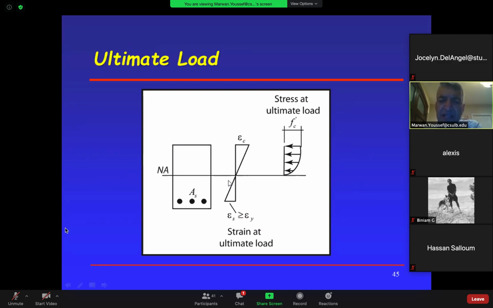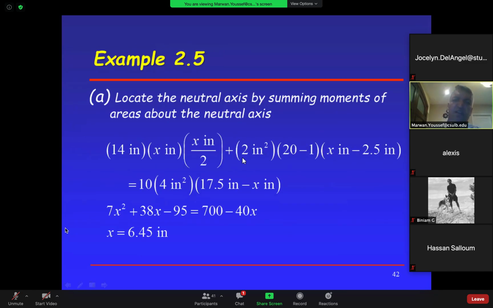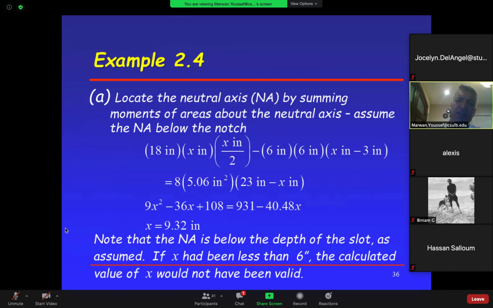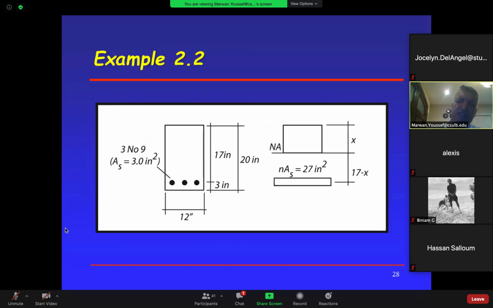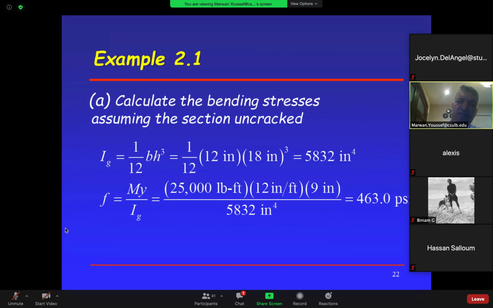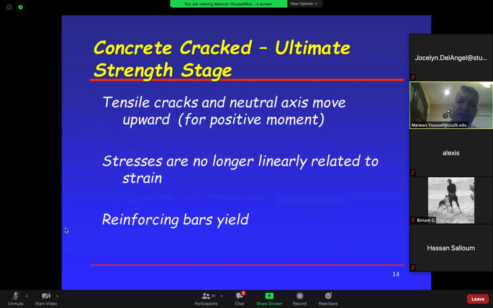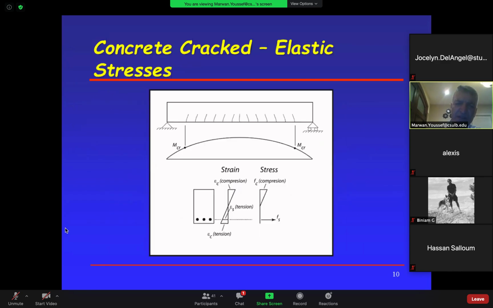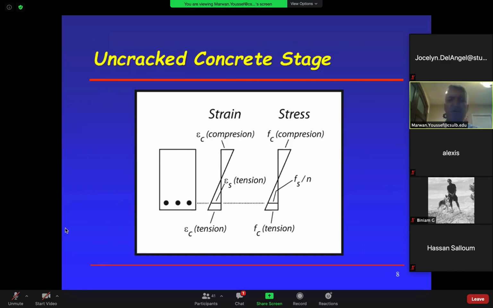So remember this stress and strain a while ago, they used to be linear like this, right? They used to be linear. Let me just quickly remind you of that because it means a lot to you. Remember we started here, uncracked stage. The stress and strains were small, elastic, linear, no problems, okay?